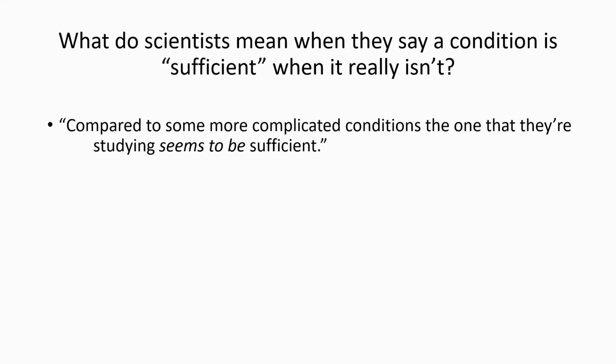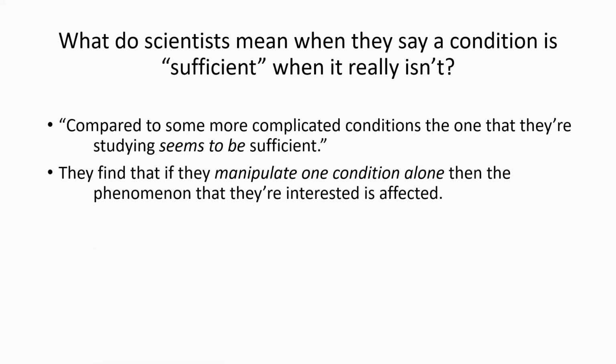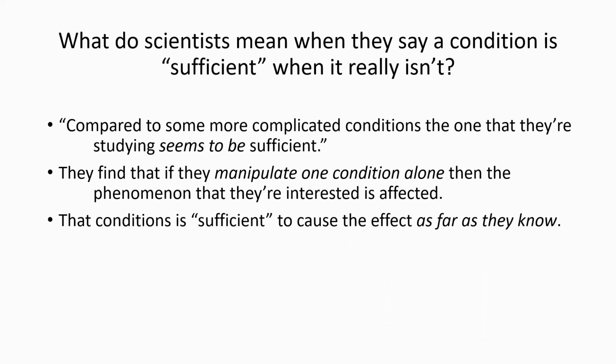I think there are several things that are involved. For one thing, they might mean that compared to some more complicated conditions, the one that they're studying seems to be sufficient. They find that if they manipulate just one condition alone, then the phenomenon they're interested in is affected, and that condition then is sufficient to cause the effect as far as they know.